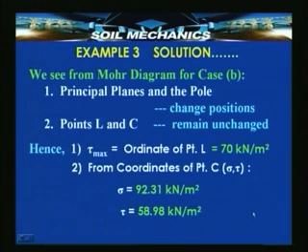And we will find that all that has happened is the principal planes and the pole have changed positions, and points L and C however remain unchanged, and the maximum shear stress and the coordinates of the point C give rise to the values of tau max and sigma, tau.